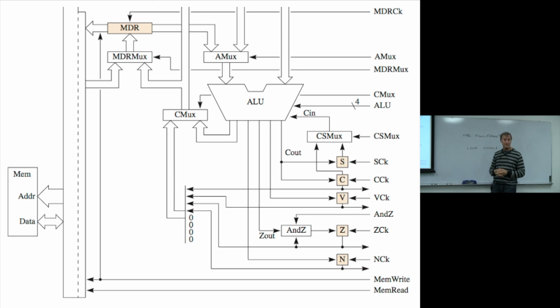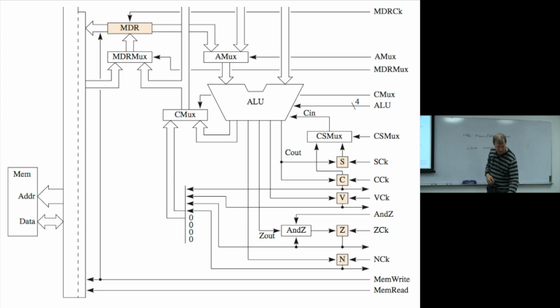Well, what's another control line there for the S bit and the C bit? What do you suppose this line is? SCK, that's a clock pulse. If we choose to clock it, then the C out will go into S. If we choose to clock this one, C out will go into C. So we could do it to either or both, or neither, on a particular cycle. Are we good?